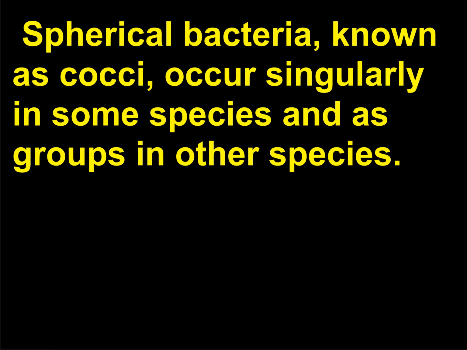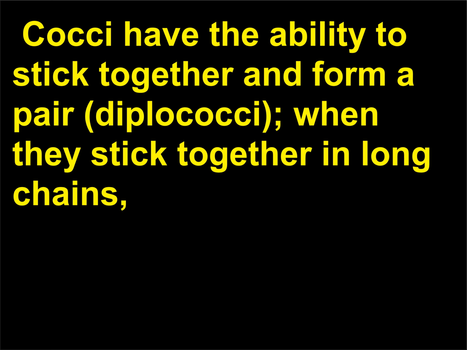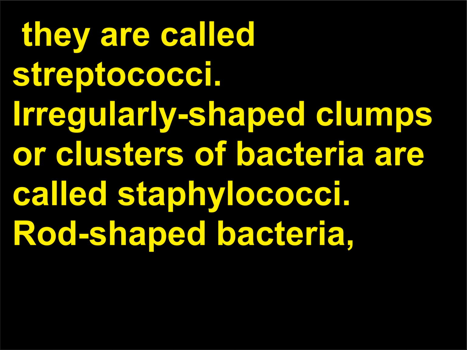Spherical bacteria, known as cocci, occur singularly in some species and as groups in other species. Cocci have the ability to stick together and form a pair, diplococci. When they stick together in long chains, they are called streptococci. Irregularly shaped clumps or clusters of bacteria are called staphylococci.